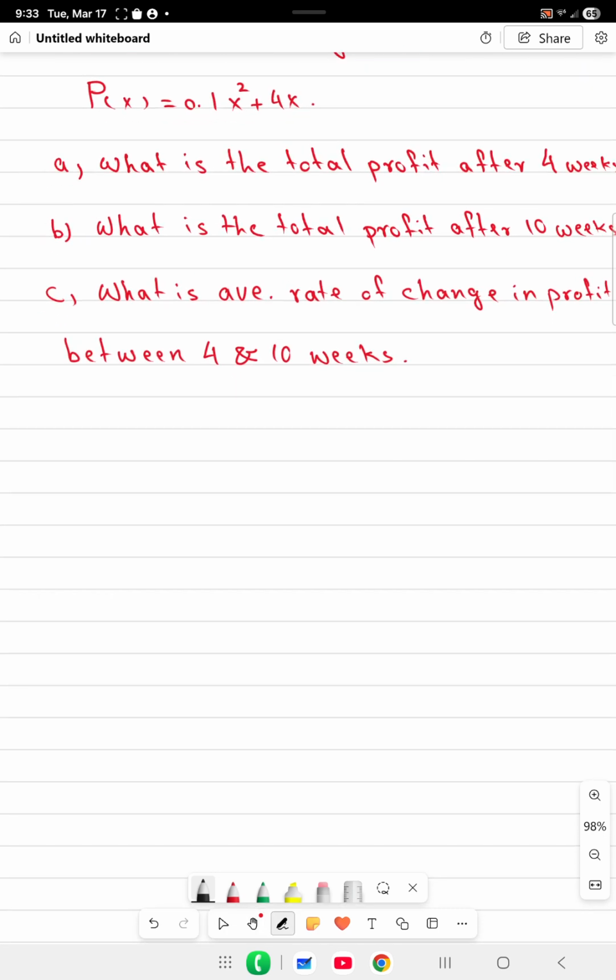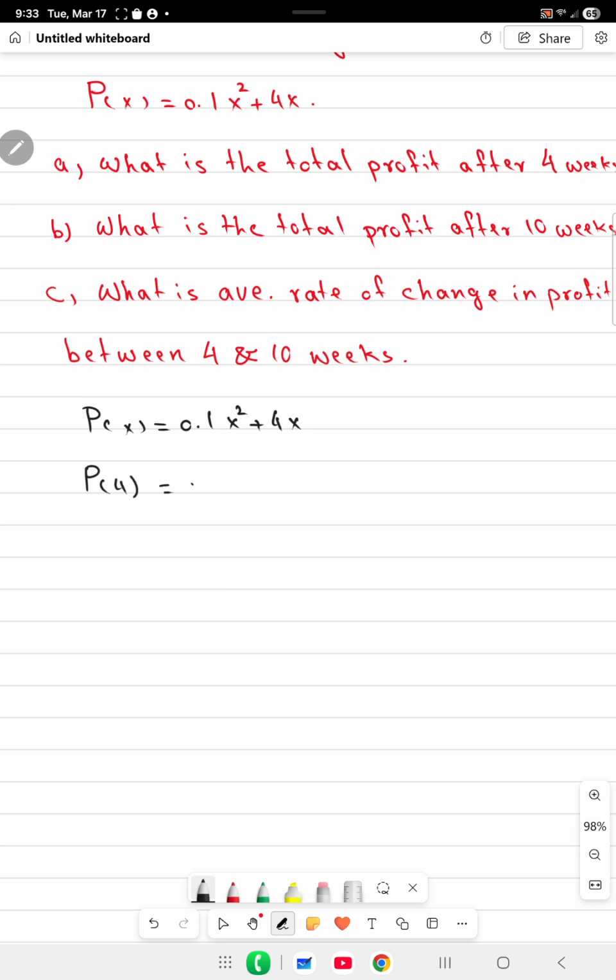The function is given as a profit function, P of x equals 0.1 x squared plus 4x. We want to find the total profit after 4 weeks. It means we have to find P of 4.